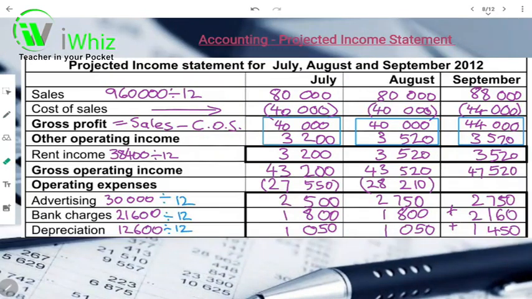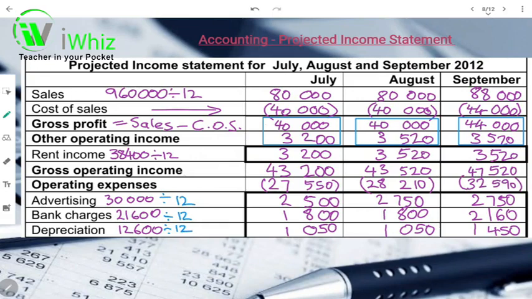You should get an amount of 32,590 Rands. So your total was 32,590 Rands.